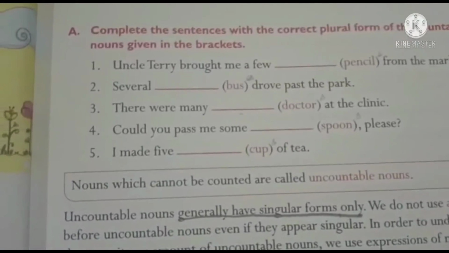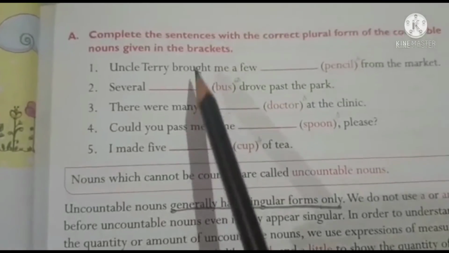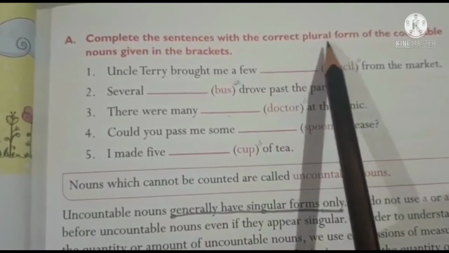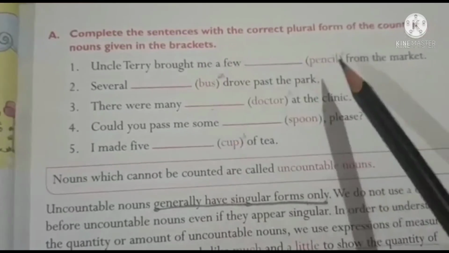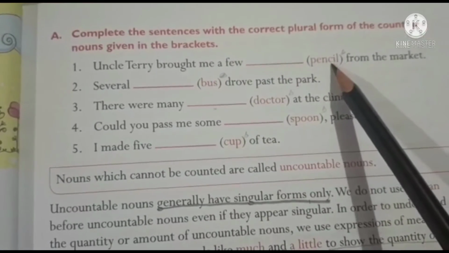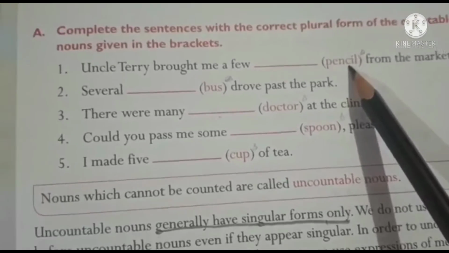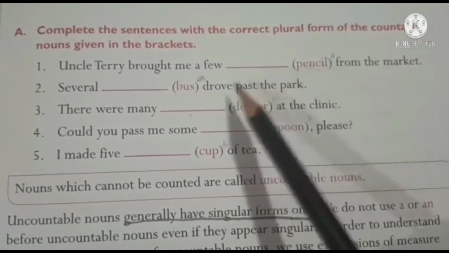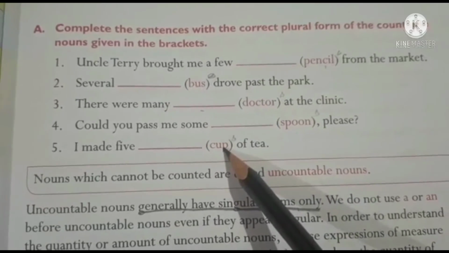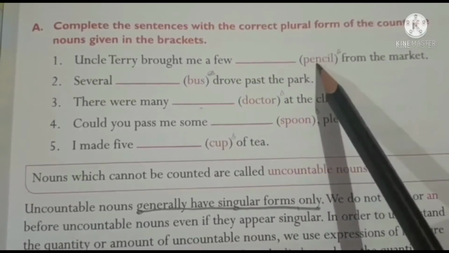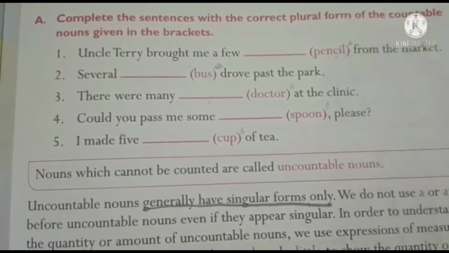Now we have one question here. We have to complete the sentences with the correct plural form of the countable nouns given in brackets. All the words that are written in red color in the brackets, children, are countable nouns, right? We can count pencil, bus, doctor, spoon and cup. So we have to write the plural of these words written in brackets.